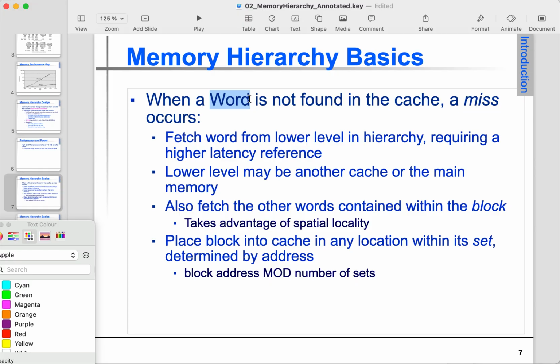If the miss occurs, we would fetch from a lower level of the hierarchy, recording higher latency for references. The lower level may be another cache or the main memory.